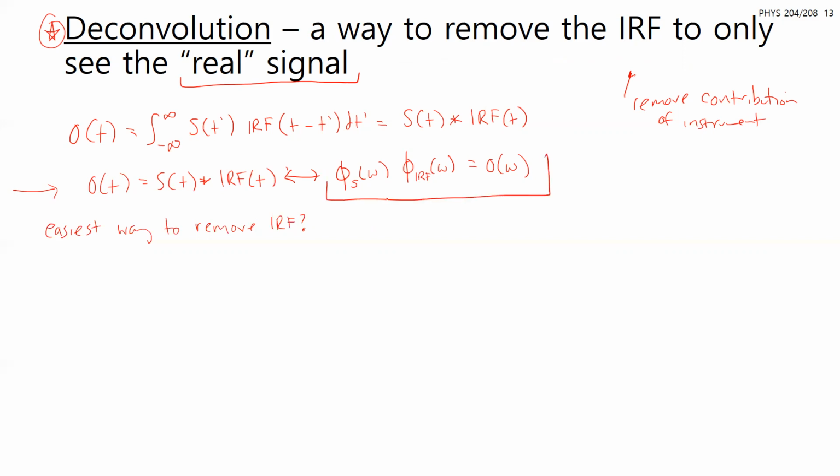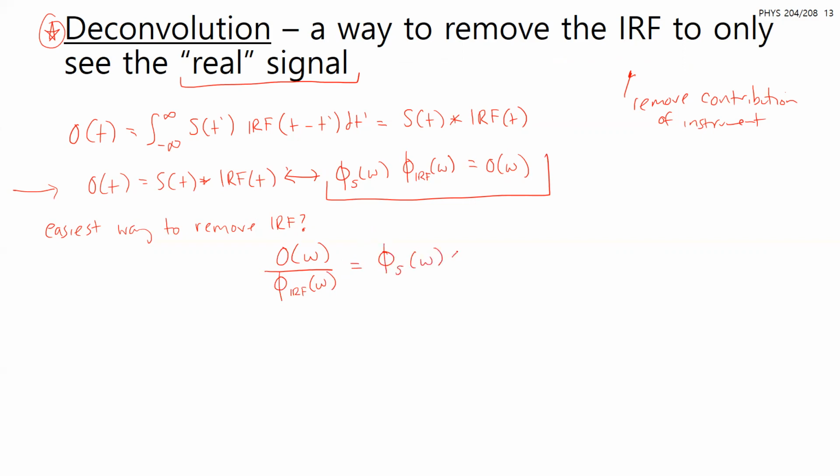If we focus on this side of the equation here, the easiest way to make our signal equivalent to the output would be dividing, in frequency space, the output by the instrument response function. So if we divide our frequency response function from the output, what we would be left with is just our signal.